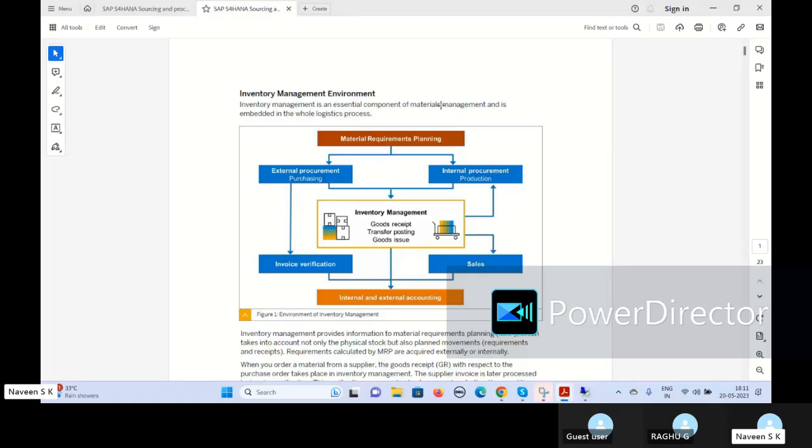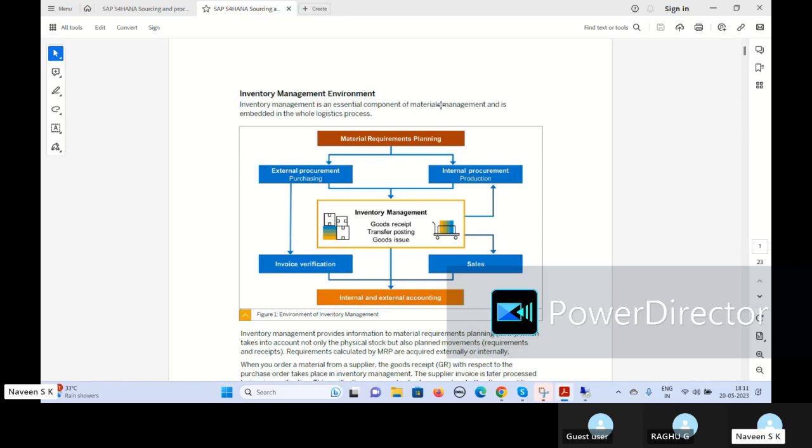In the other way, it also affects production, it affects sales, and it affects planning. So it is linked or integrated with many other applications or areas in the organization.